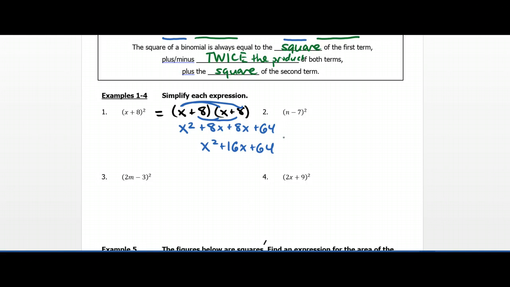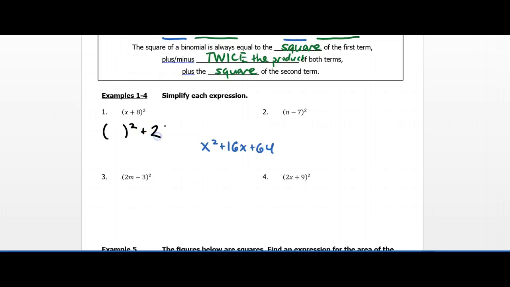Well, we can get the same thing using that rule that I talked about up here in the box. Okay, so that rule says I do the following. I take my first term squared plus twice the product of both terms plus my last term squared. So that means I'm going to take my first term, which is x, and square it. X squared is just x squared. I'm going to take the product of my two terms.